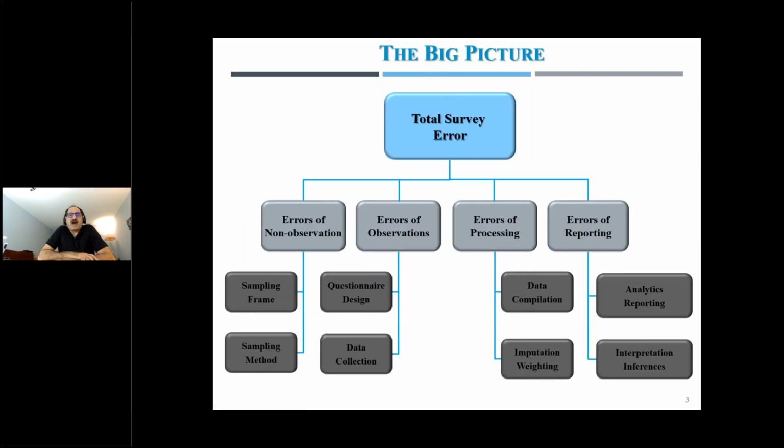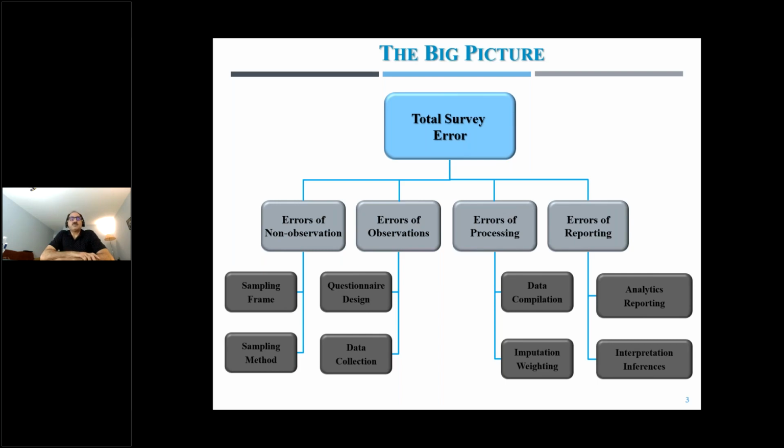So the big picture is that I have made it a habit that any presentation that I have on survey research, I would start with a reminder that when we design and administer surveys, we need to have a holistic view and not focus only on areas that are of interest or comfort to us.